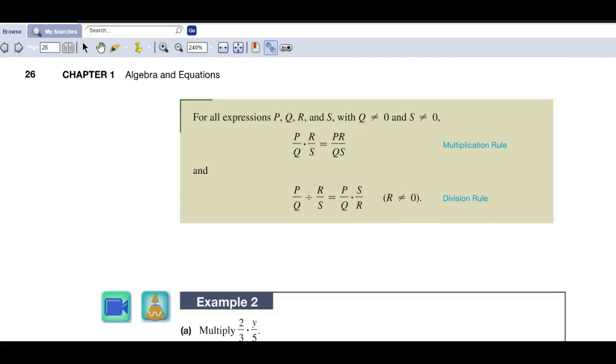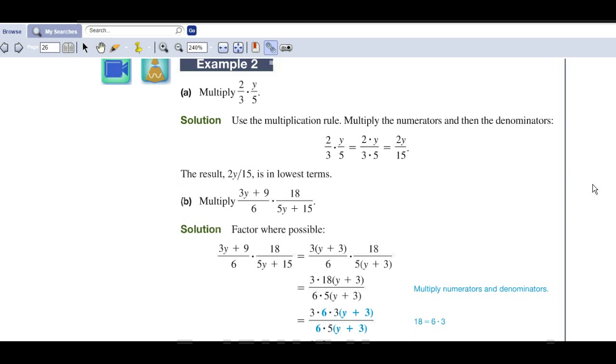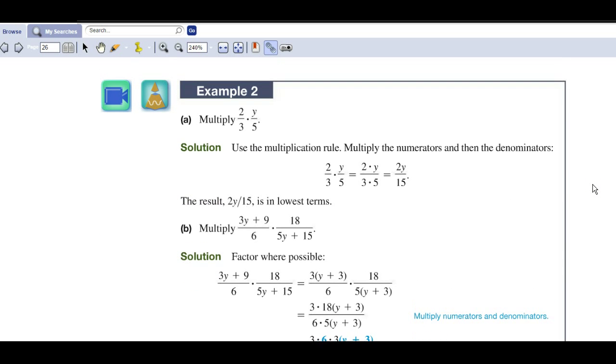So now let's look at some examples. Now notice in letter A, you can't cancel anywhere. So if you can't cancel here, it's just 2y over 15. But notice here now, there is a common factor of 3.